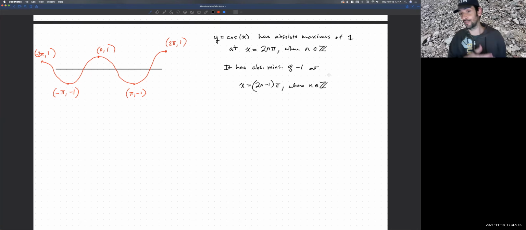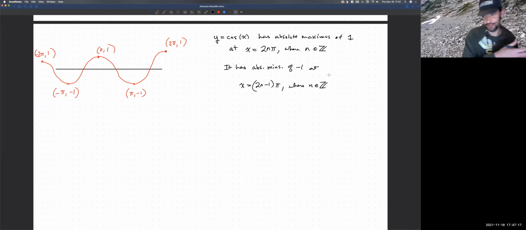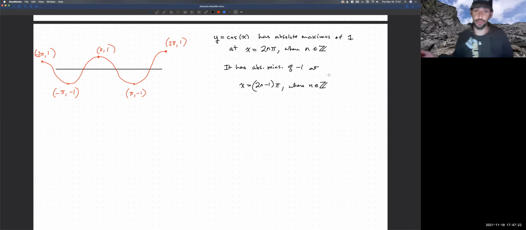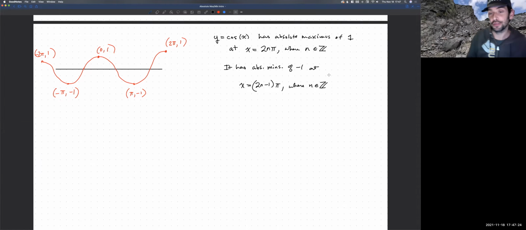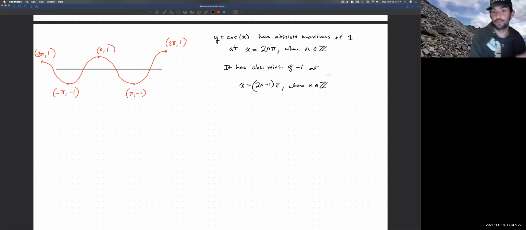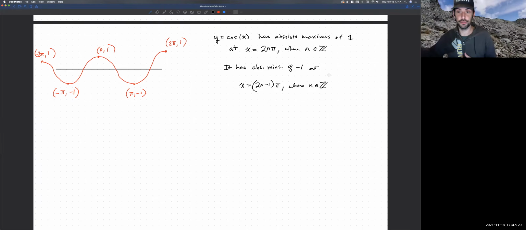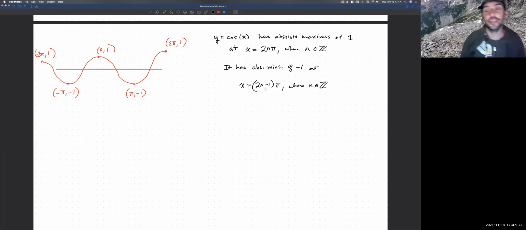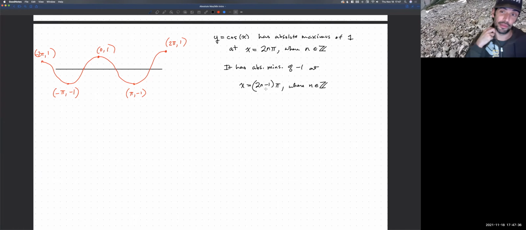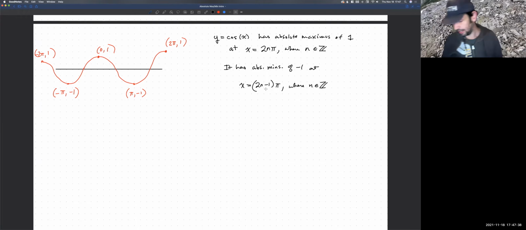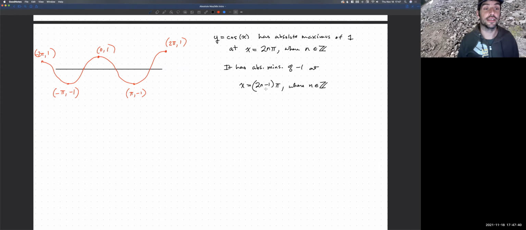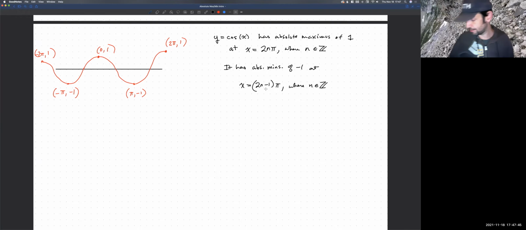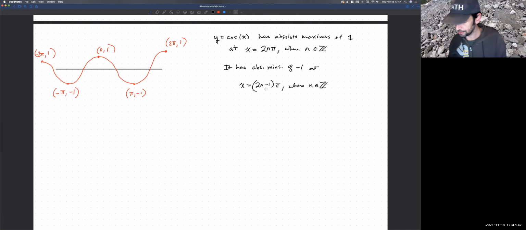If you take the list of numbers from negative infinity through -3, -2, -1, 0, 1, 2, and you multiply all of them by 2, you can't multiply to infinity, but you get -2, -4, -6, and in the other direction, you get 0, 2, 4, 6. If we just subtract 1 from all of those, we get all the odd numbers. And so this tells us we have all these absolute maximums and minimums, shared, they all have the same value, and so in this case, infinite maximums and minimums.